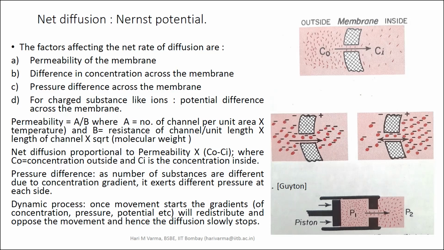Then there will never be any question of potential differences, right? Here, when the charges are being distributed along the concentration gradient, essentially a potential difference is also developing. Suppose I take 100 sodium ions and try to squeeze them into a small region, the positive charge in that small region will keep increasing.